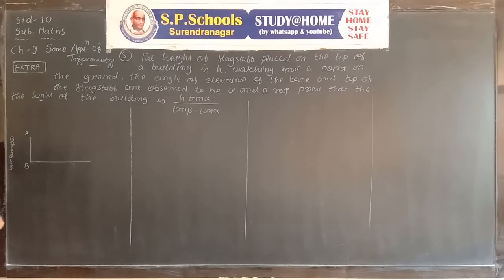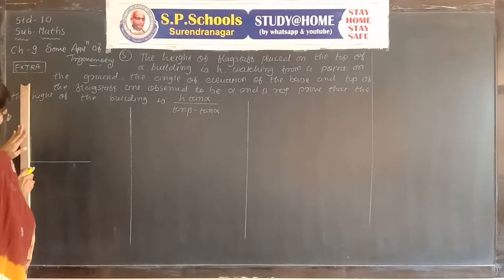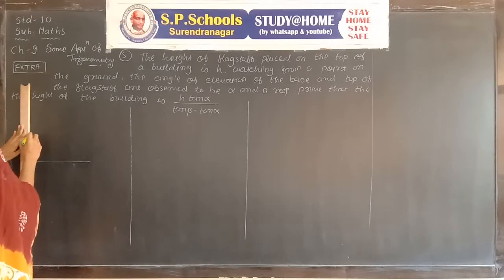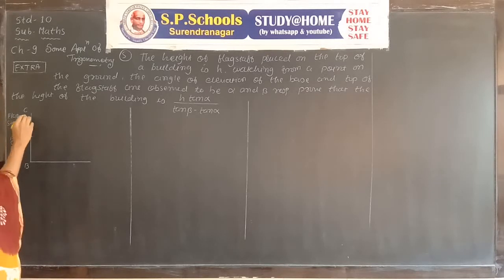It's a building. Flagstaff is placed on the top of building. Top is A. At this point, the flagstaff is placed. Suppose flagstaff is AC. It's a flagstaff. And the height of flagstaff is h.